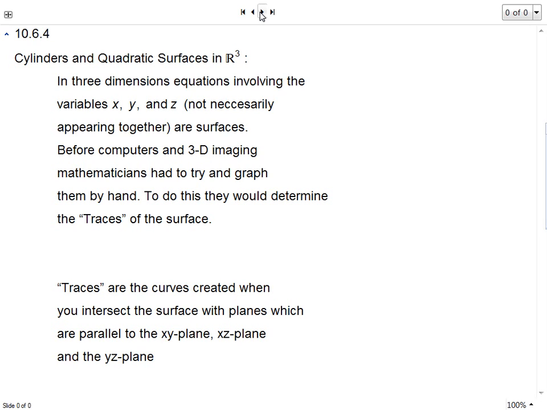What is x equals 0 in 3D? That's the yz plane, right? So it's a plane in 3-dimensional space. The equation is x equals 0, and it doesn't contain y and z technically, but it still gives us something in 3D. So they're all considered to be surfaces.